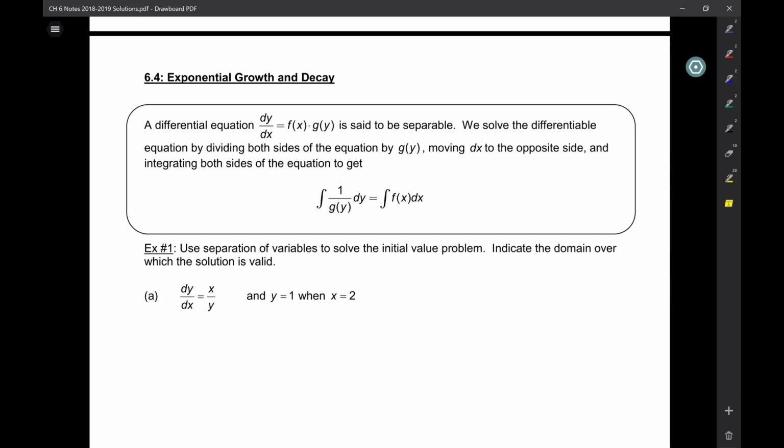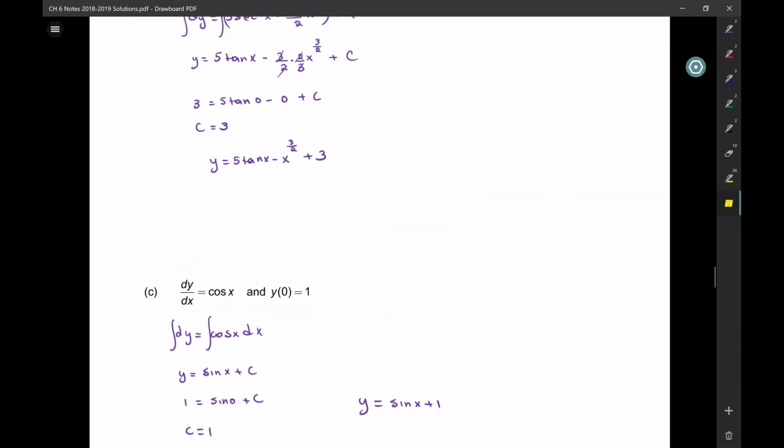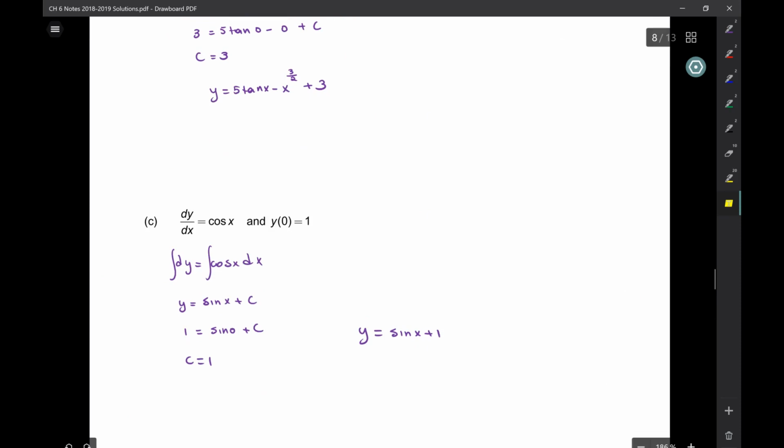So when you have a differential equation like dy/dx is f of x g of y, look at how this is different from what we were doing here. Here we have dy/dx, and then we've got a function in x. In your function here, you only have one variable.